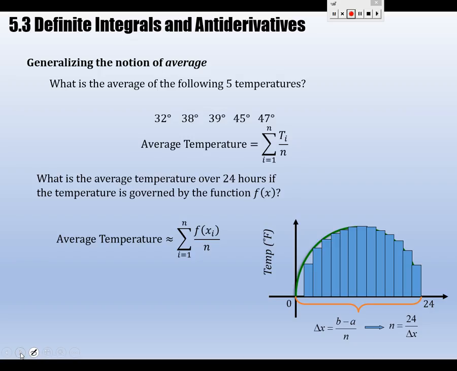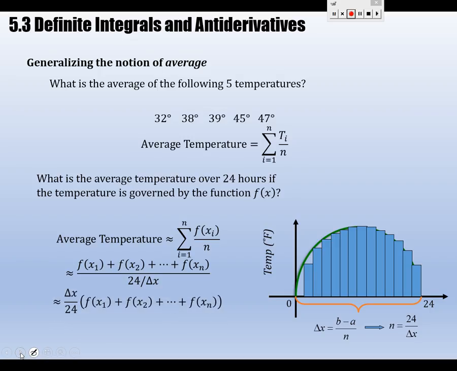Now, I think we just said that n is 24 over delta x. So if I actually write that sum out, I get f of x1 plus f of x2, n of those up top. And on the bottom, I get 24 over delta x. So in general, I know this is a crazy way to do an average, but this would do it for us, right?